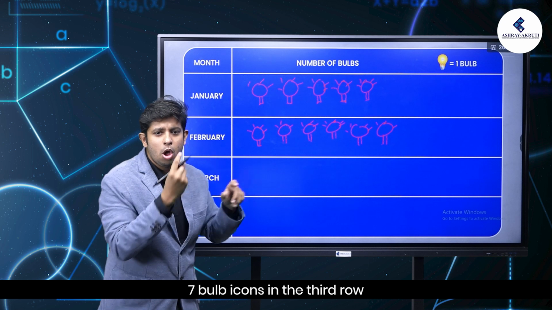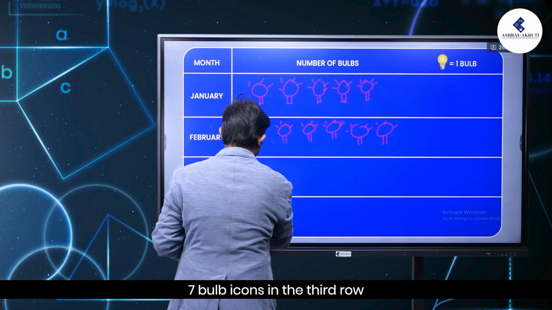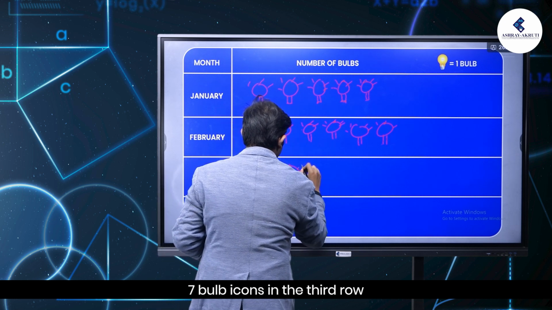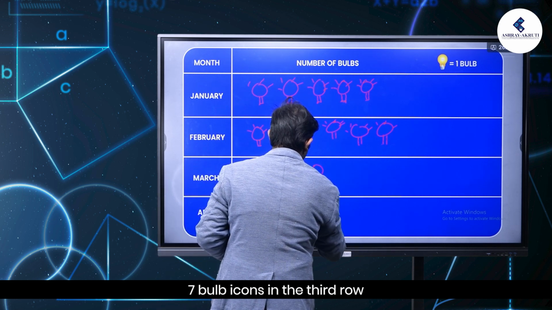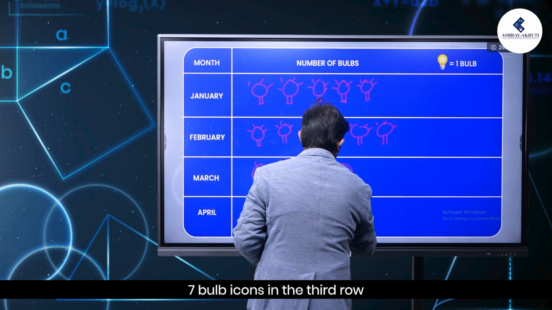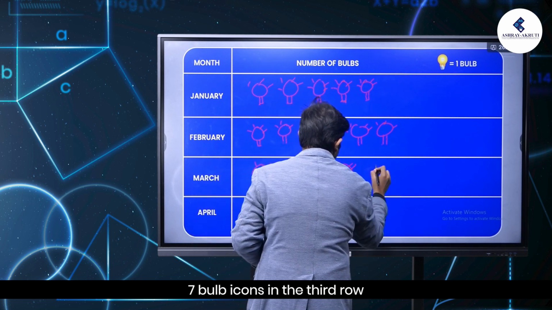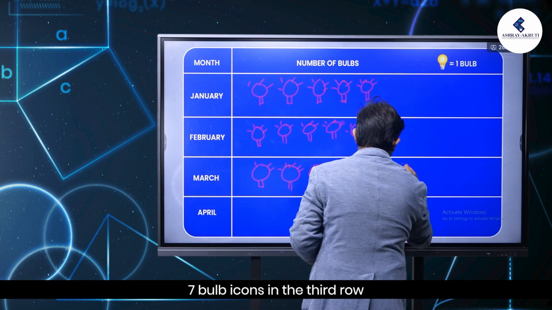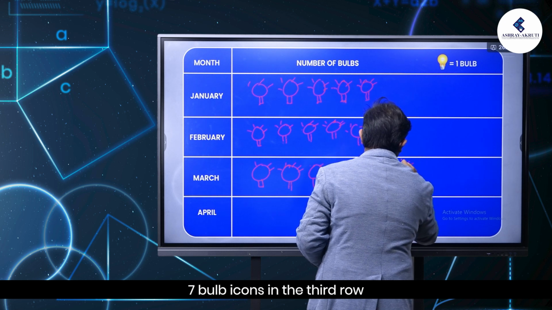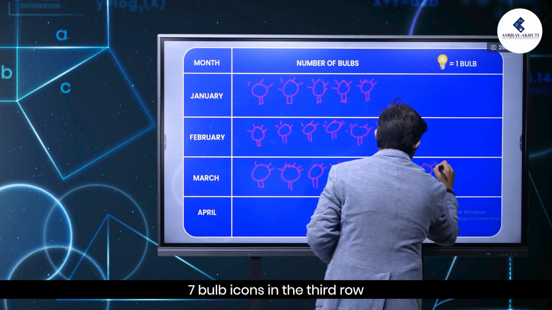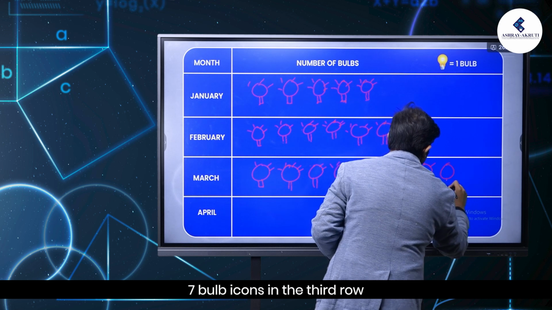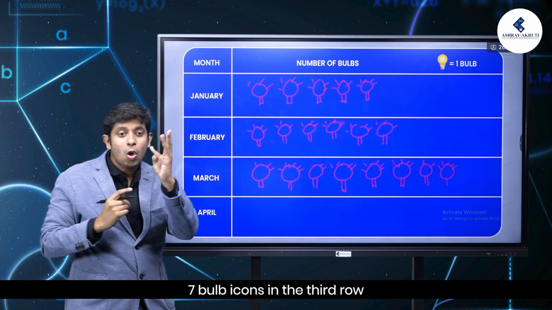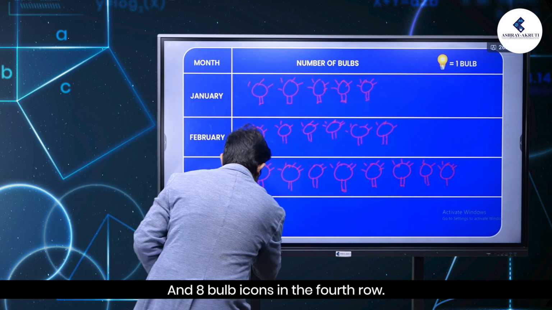Seven bulb icons in the third row. And 8 bulb icons in the fourth row.